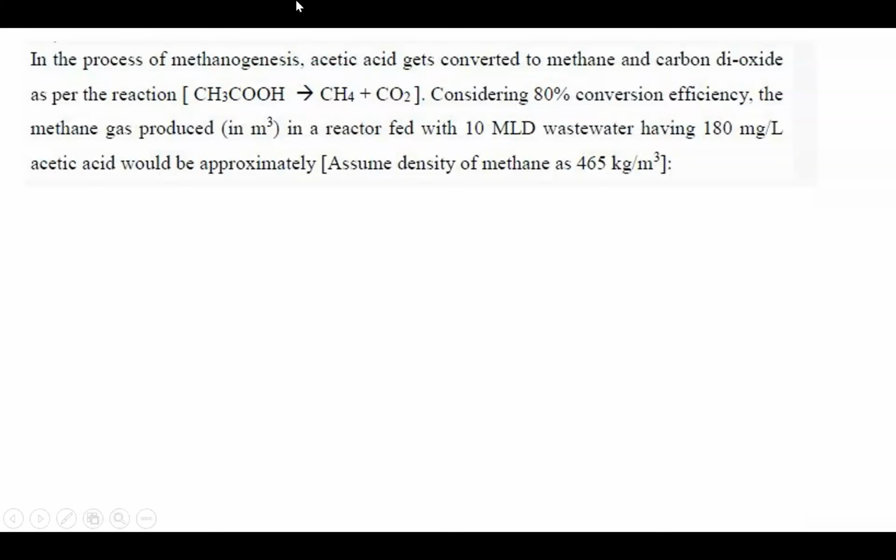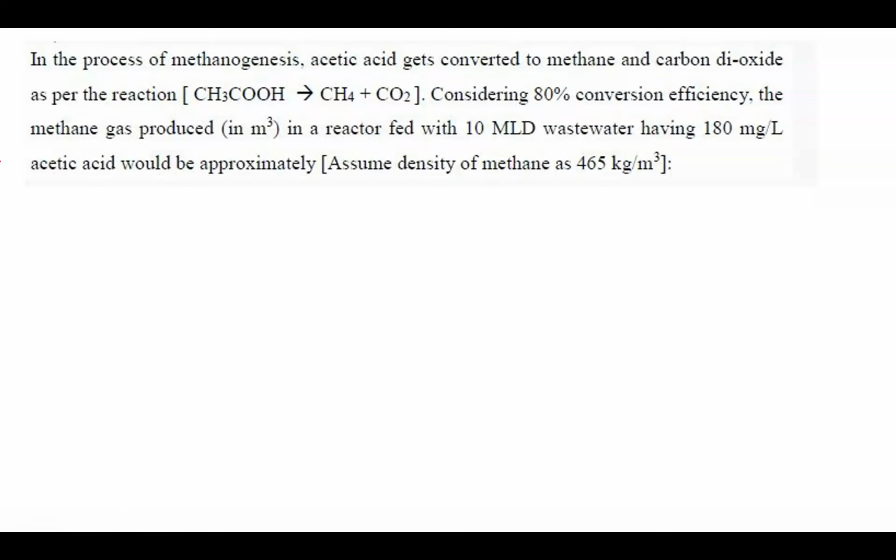So we have to find the methane gas production, how much methane is produced. They have given the details of the reaction.